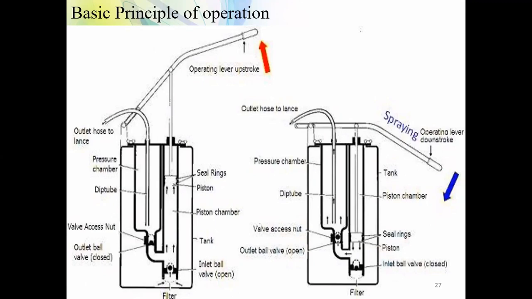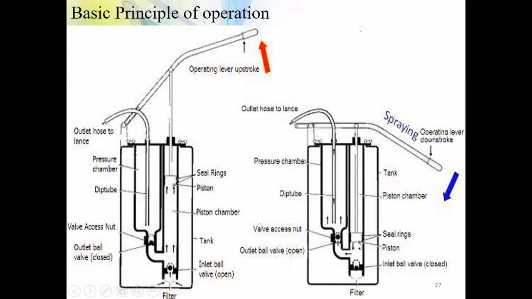And in the downstroke, we are pulling the handle to the downward side or the bottom side. So the piston chamber volume is reduced, the pressure is increased, and finally the inlet valves are closed. And here the outlet valves in the pressure chamber are open.